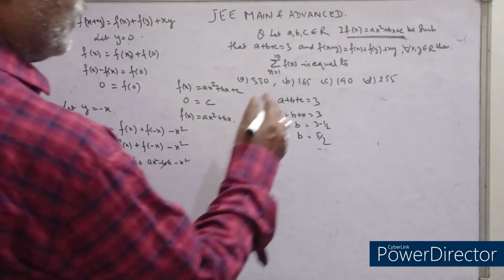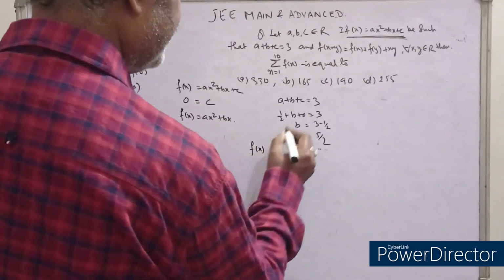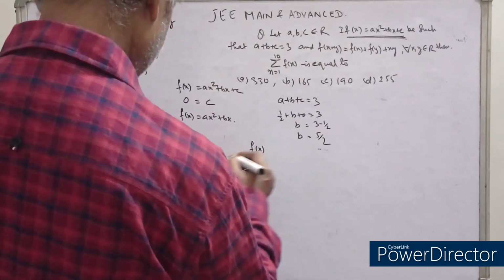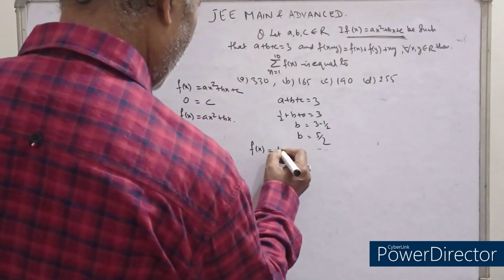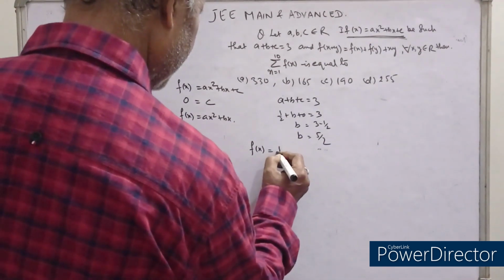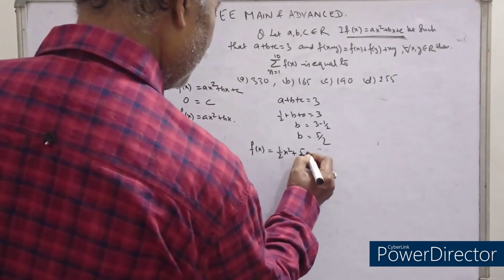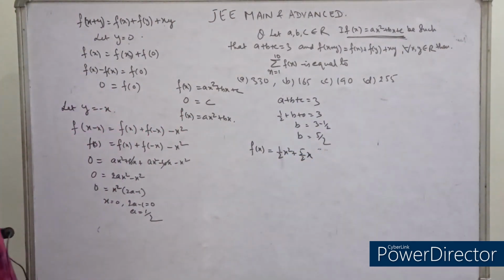So ultimately I got the equation f(x) is ax square plus bx, where a is half, so this is half x square, and your b is 5 by 2 x. So I have got this.